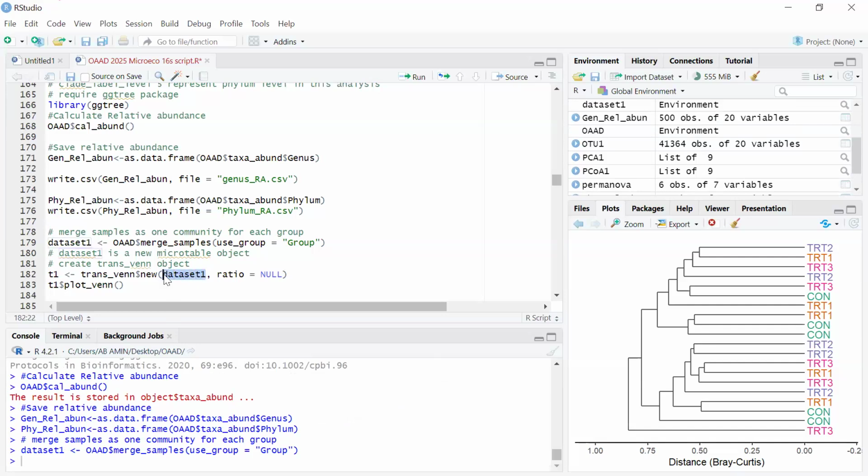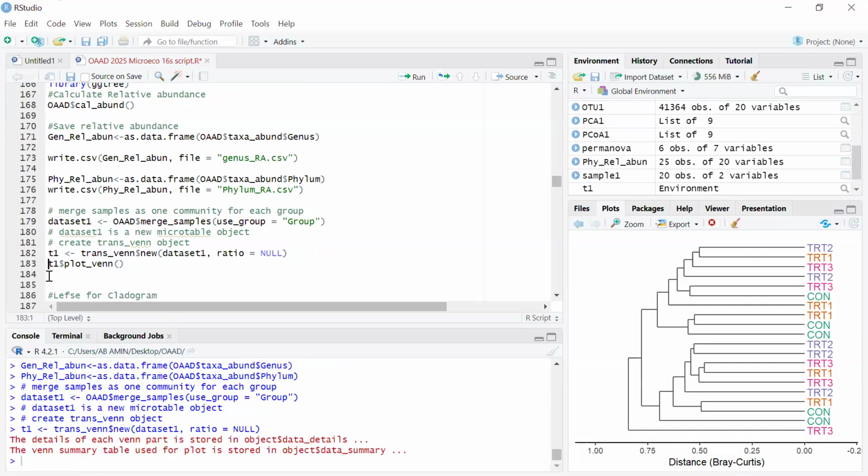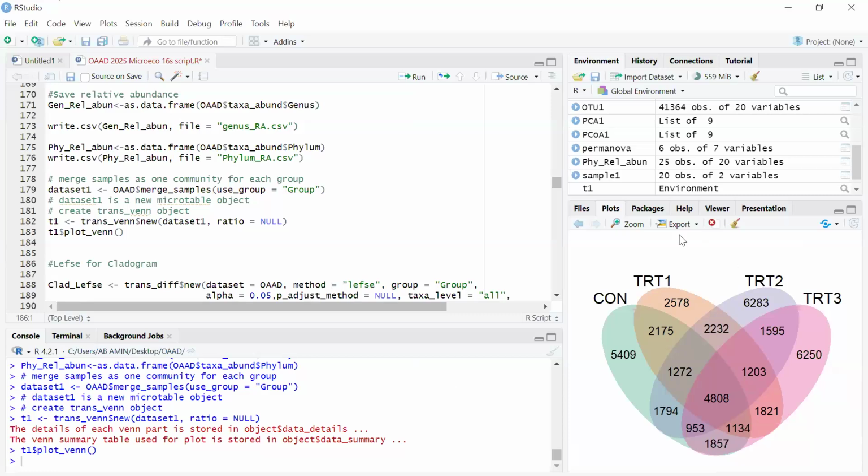So this is a Venn diagram. It shows the number of similar OTUs cutting across all of them.